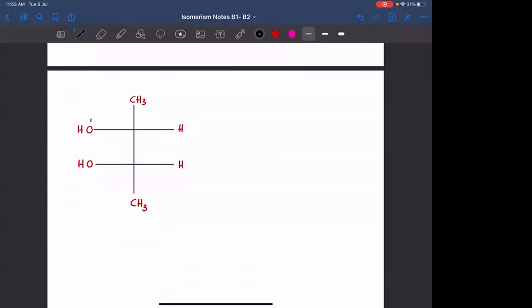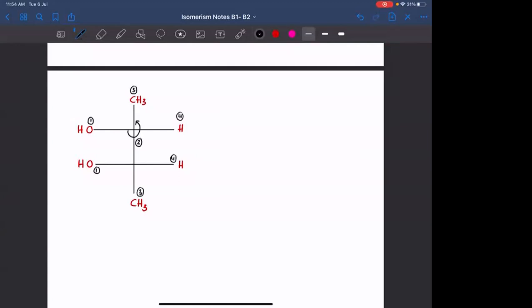This is priority 1. This will become priority 2. This is 3. This is 4. Again, this is 1, that's 2, this is 3, and this is 4. 1, 2, and 3, you are rotating in the anti-clockwise sense.